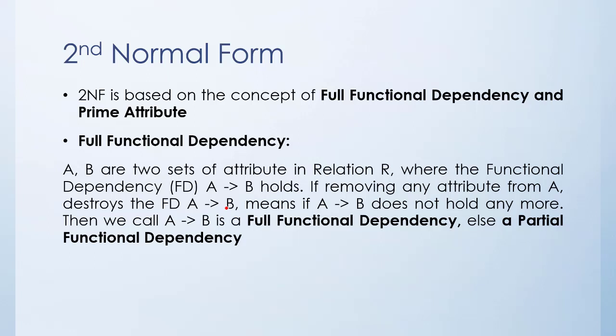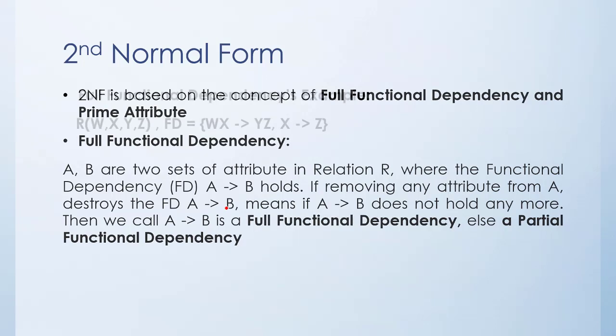So A is a set of attributes, B is also a set of attributes, meaning multiple attributes can be present in A and B. If removing any attribute from A destroys the functional dependency A determines B, meaning A determines B does not hold anymore if we remove a single attribute from A, then we call A determines B a full functional dependency. Else, it will be called a partial functional dependency.